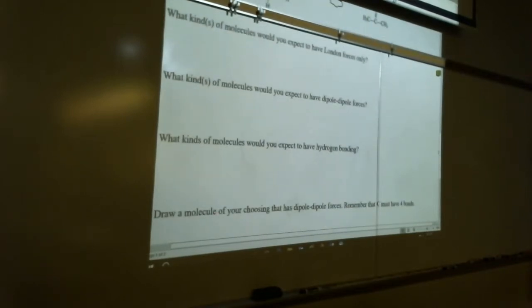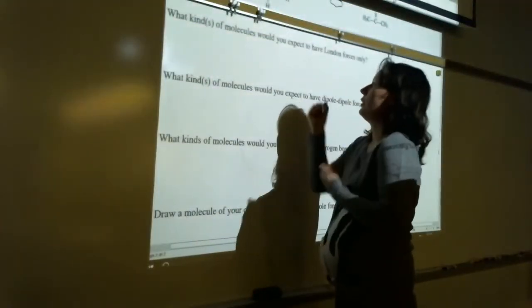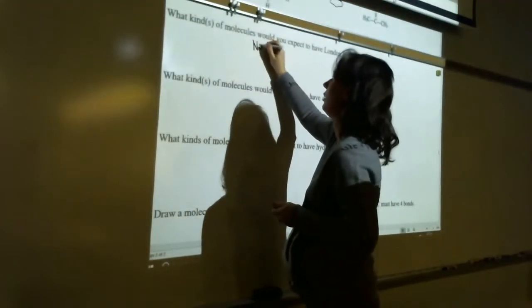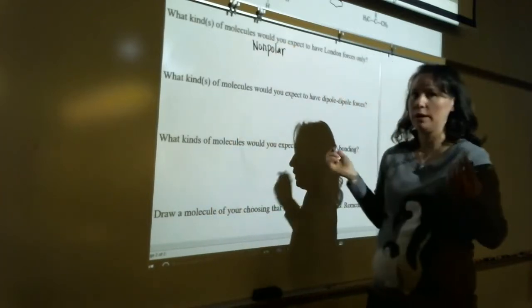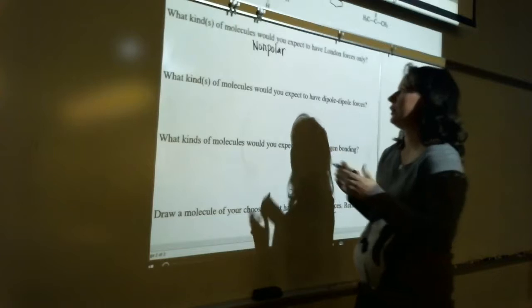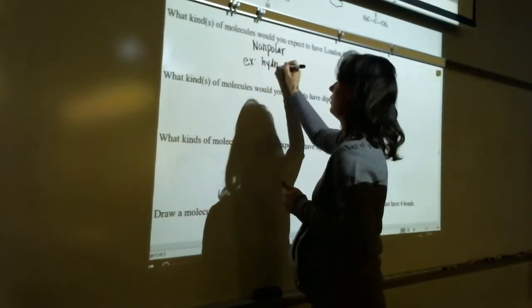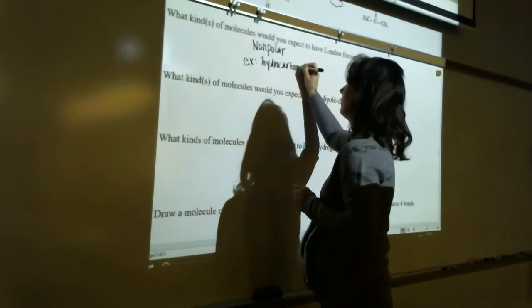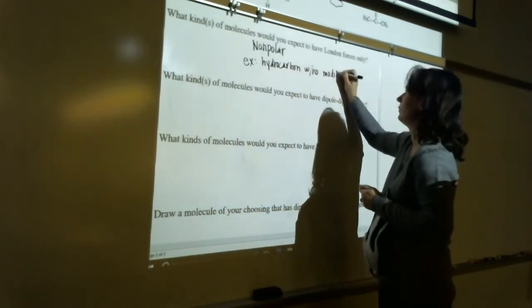What kind of molecules would you expect to have London forces only? These are molecules that are nonpolar, right? Any nonpolar molecule. For example, a hydrocarbon with no modifications.